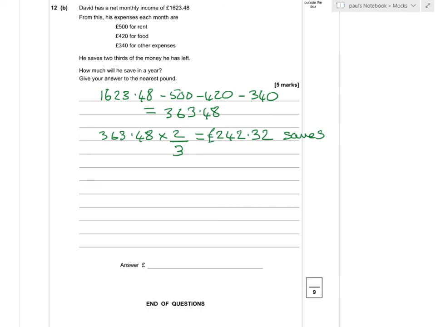Now we've got to do it for a year, so we do 242.32 times 12, and I get 2907.84. That's how much he saves in a year. Well, that's the end of that question.